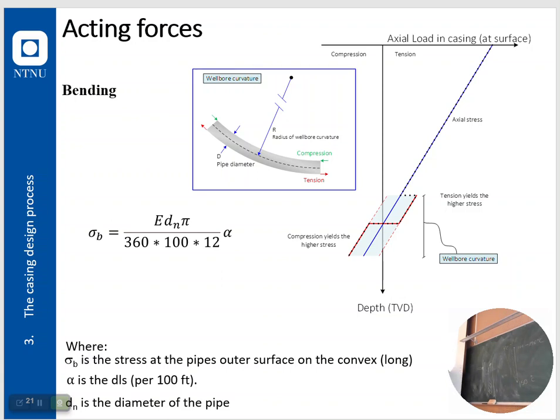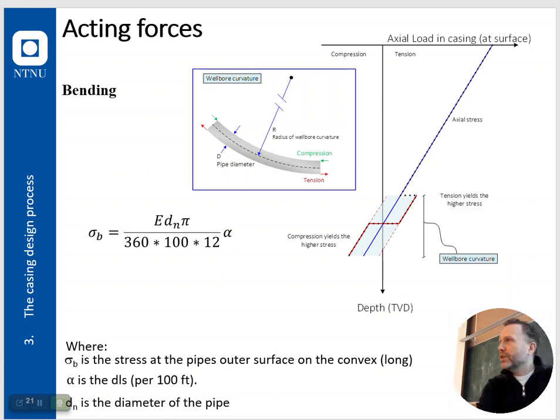Going from top down to the neutral point of the pipe, we add. Whereas when we go into compression, we would typically add the compressional part, right? That's only natural because it's adding to the philosophy for casing design. We design for worst case, right? Compression will only reduce the tension here, and tension will only reduce the compression of the pipe down there. So that's why we do it like this.